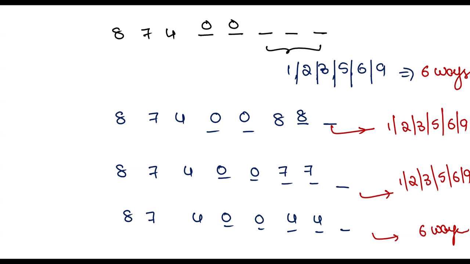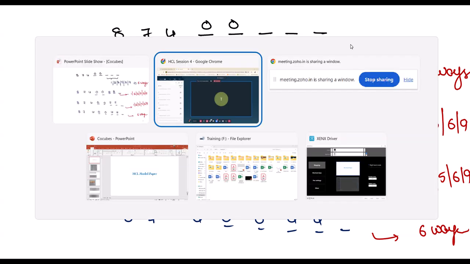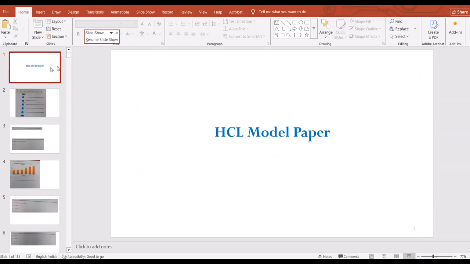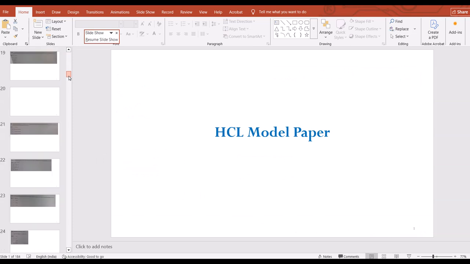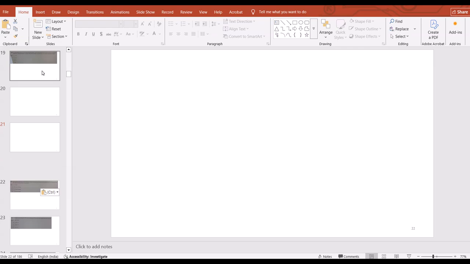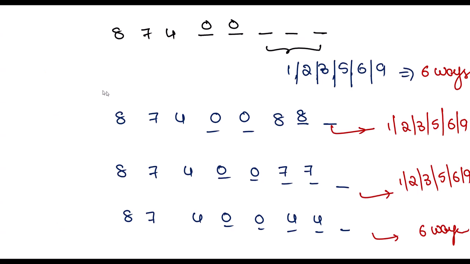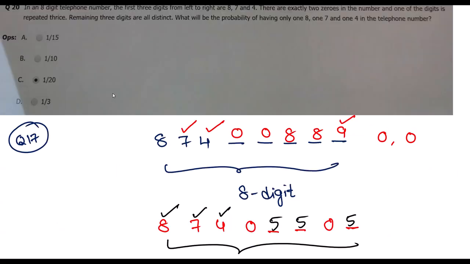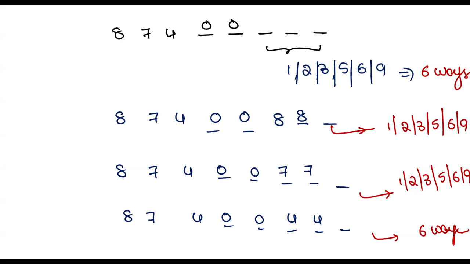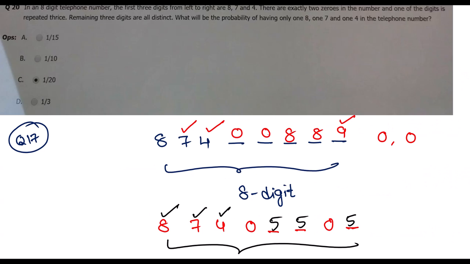Now, guys, tell me what's the answer? What's the favorable here? I'm just adding one empty slide there. 181714: 1 time 8, 1 time 7, 1 time 4. Any other thing missing in this approach? Please let me know.